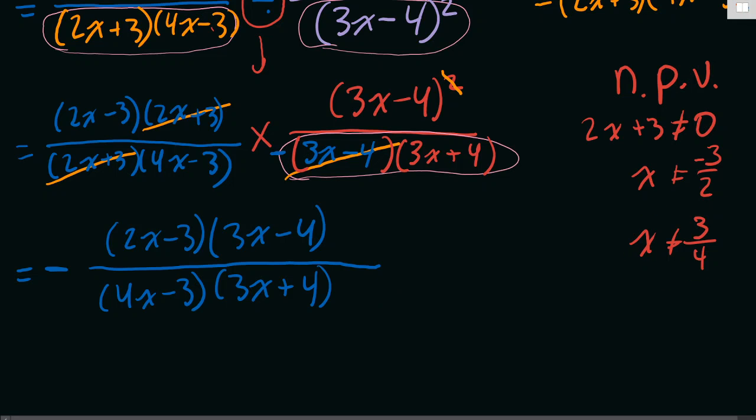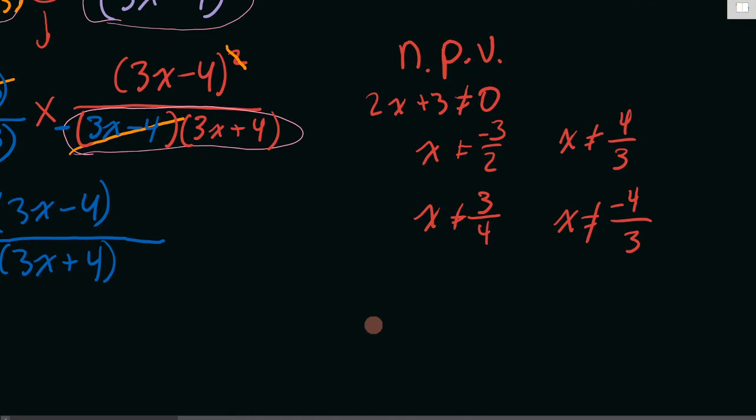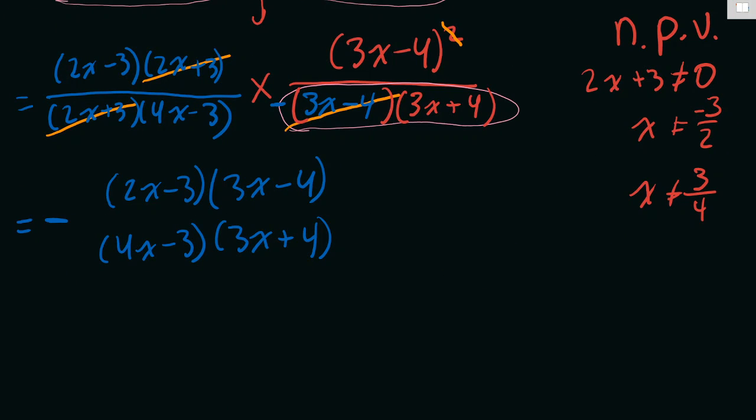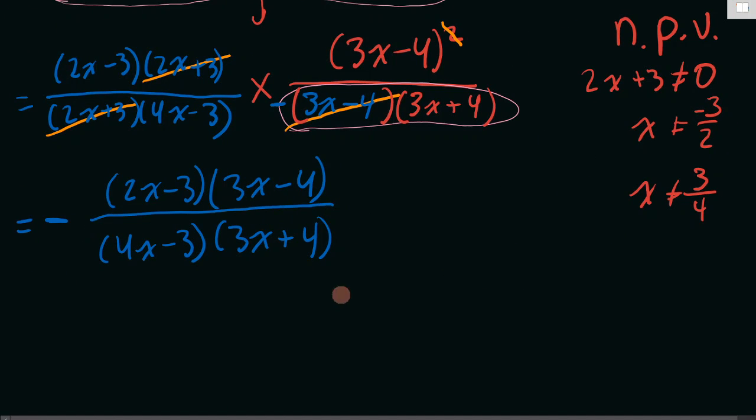With restrictions. Let's scroll over so we can copy these down. I'm going to run out of room, so let me give myself a little more room and try again.